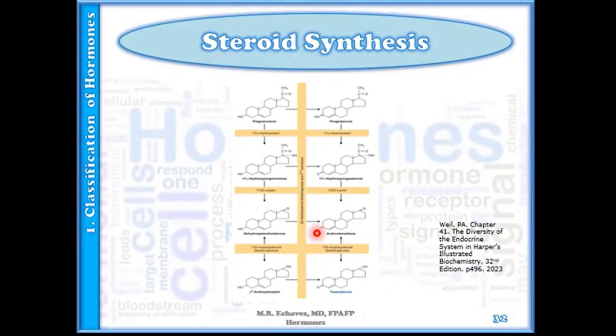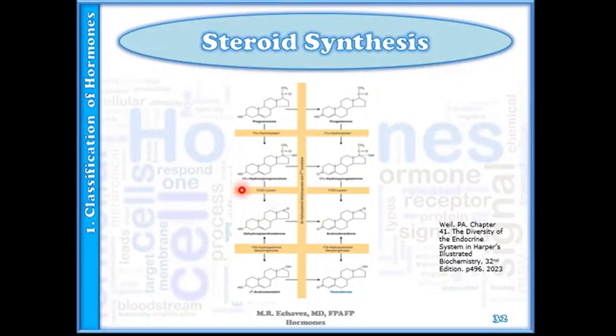So all the 21 carbon compounds would be your pregnenolone, progesterone, your corticosteroids, your glucocorticoids, and your mineralocorticoids. Those have 21 carbons. Now for androgens, you have 19 carbons, courtesy of your 17,20 lyase that cleaves the 2 carbons here.